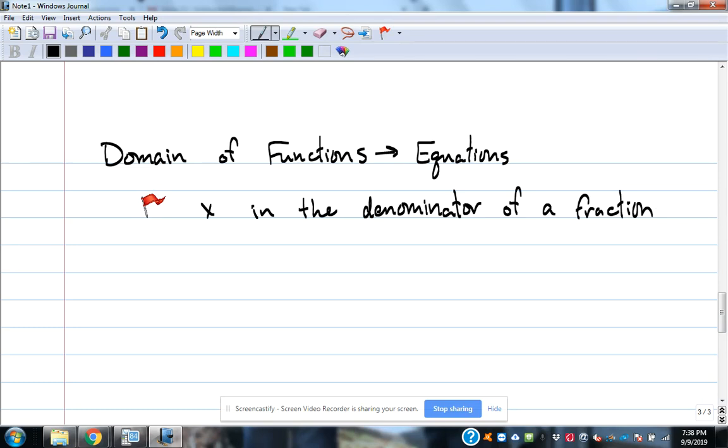That red flag comes up, then you've got to do something about the domain. Okay? There's another red flag that comes up. An x on the inside of a square root. Okay? If an x is on the inside of the square root, if x were negative, what does the square root of a negative number get us into?